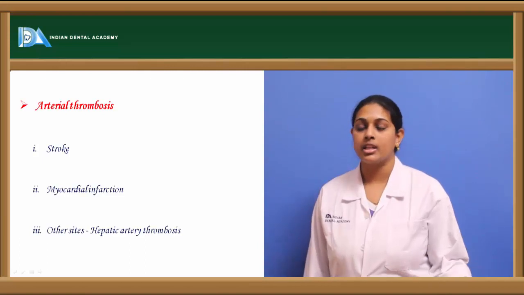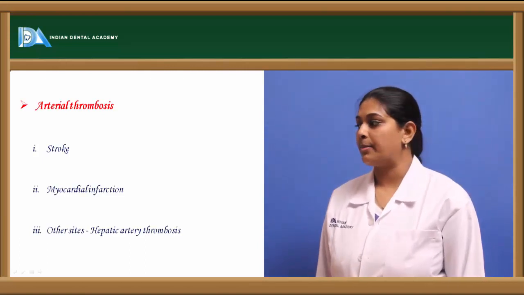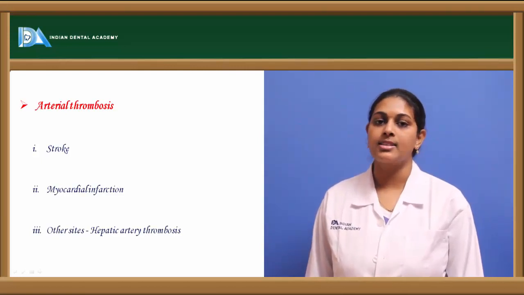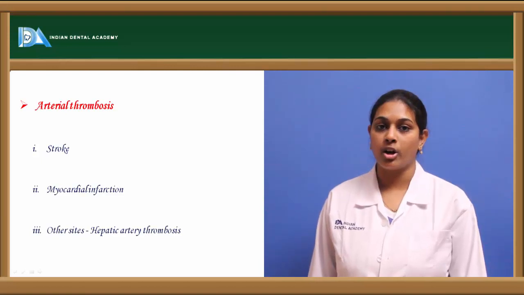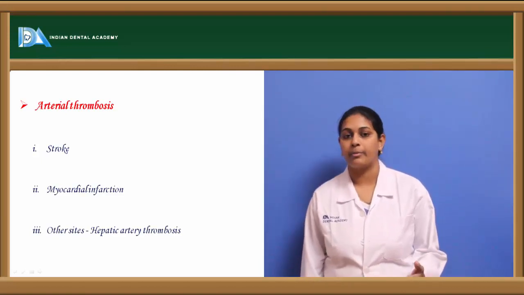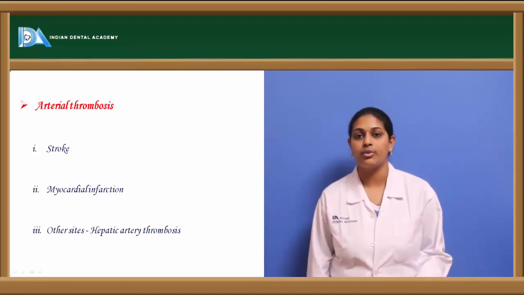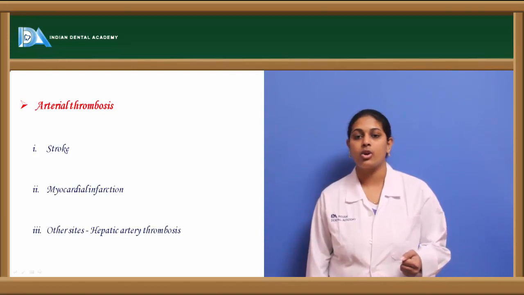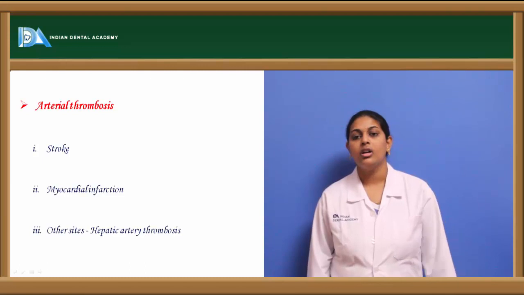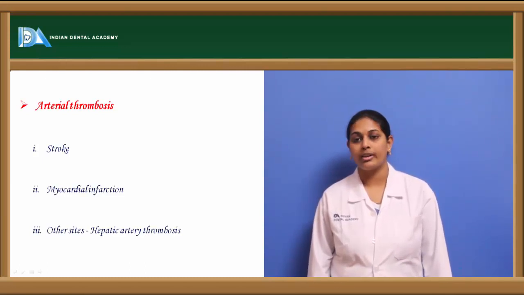Coming to arterial thrombosis, since the artery carries blood to the brain, stroke is a condition which can be seen, that is, there's improper functioning of the brain. Even myocardial infarction is a condition we can see because of arterial thrombosis, since there's failure of blood flow in the myocardium because of the blockade formed by the thrombus.